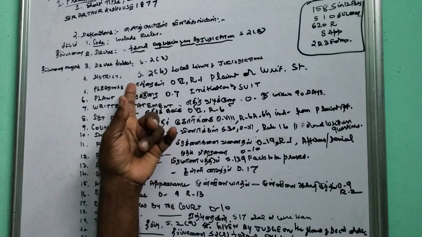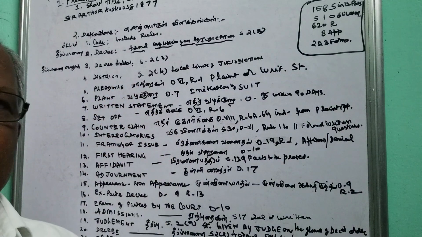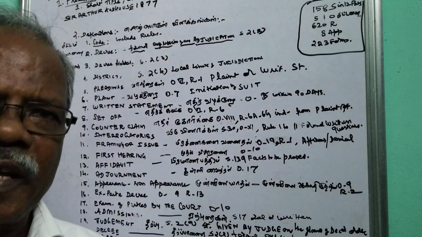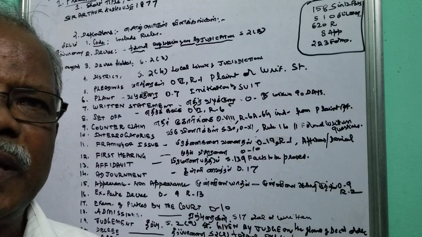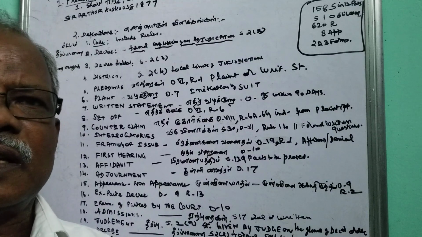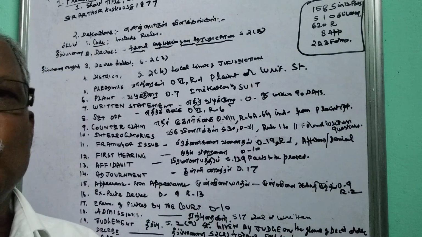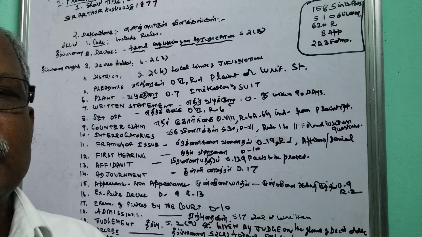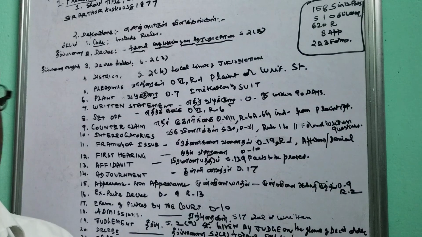Plaint means that the plaintiff, the one who wants justice, because the other party failed in enforcing the rights of the plaintiff, institutes a suit or makes a complaint to the court for the institution of the suit.